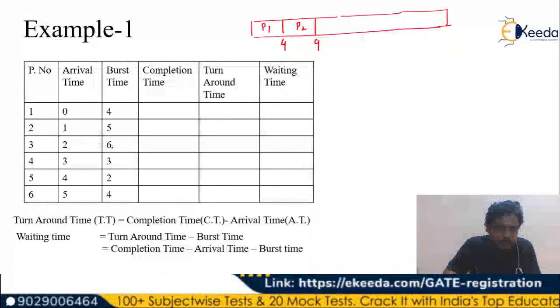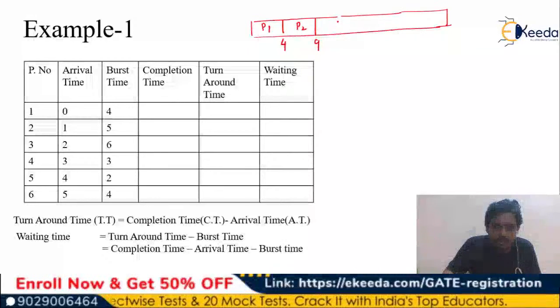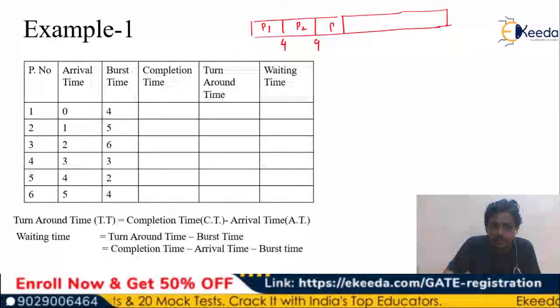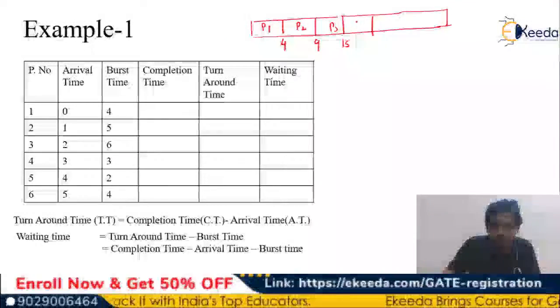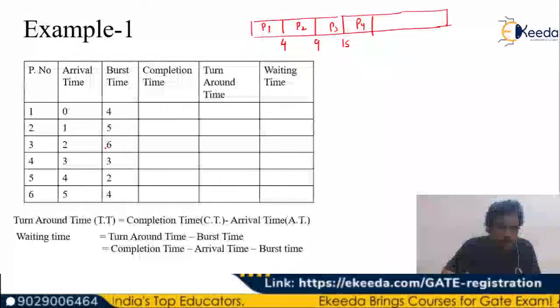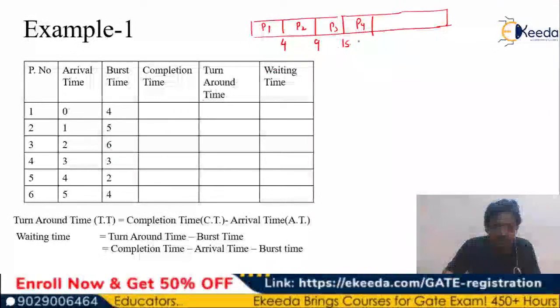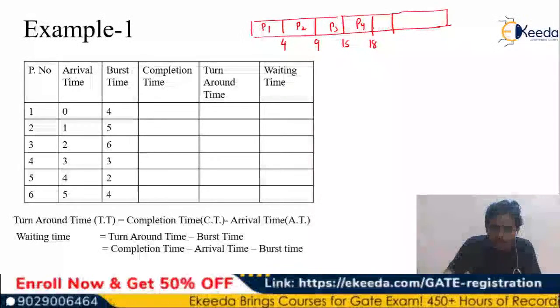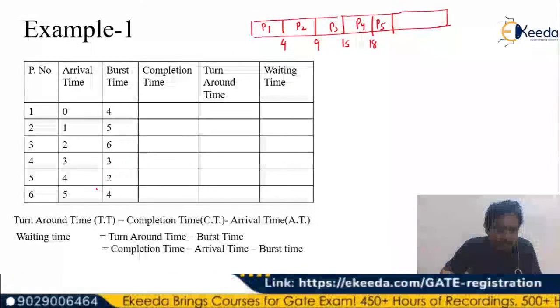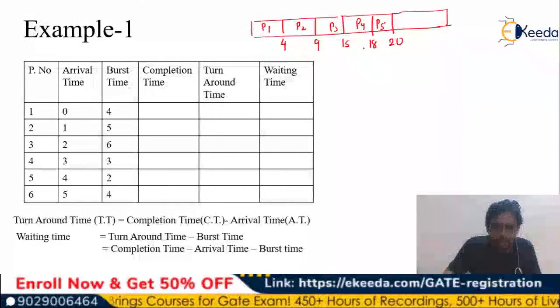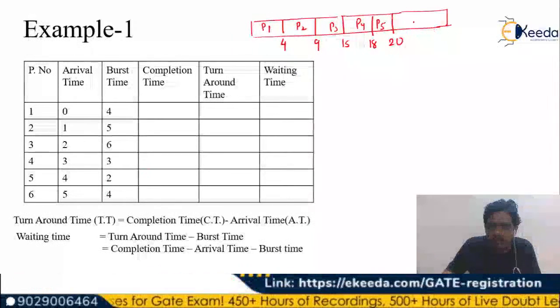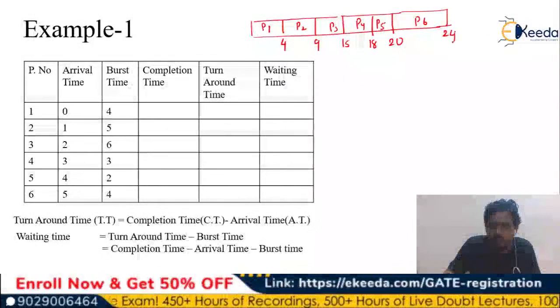The third one arrives at 2, burst time is 6, so P3 will be 15, and then P4, 15 plus 3 will be 18, and then P5, 18 plus 2 will become 20, and finally 4, and that will become P6, and that will be 24.